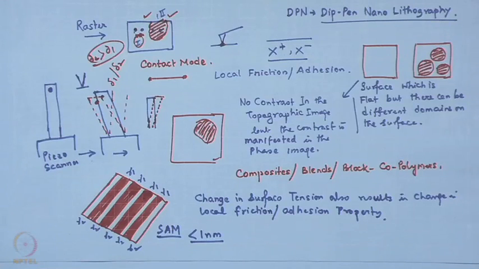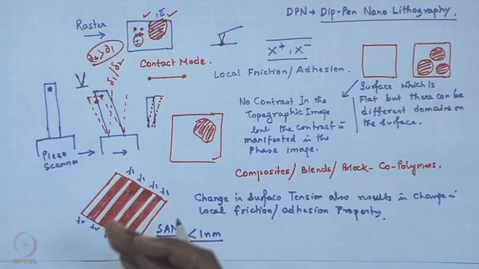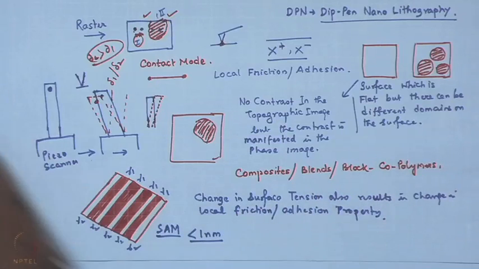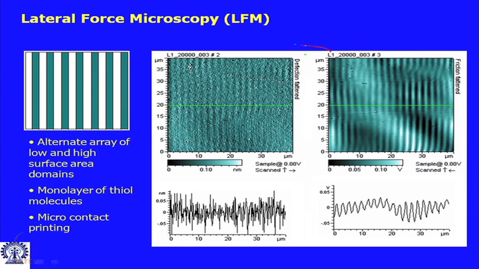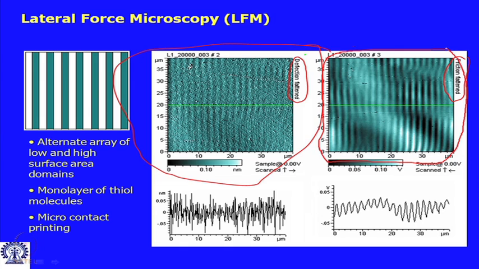You would expect that your topographic image will be perfectly flat, but now you understand that this contrast will be visible in your phase image, and look at this image set now. It is exactly the same thing. So, this is the topography image, or essentially the deflection image, where it is nearly flat, but this is the friction image, and you very clearly see the presence of the stripes, which are the different wettability regimes.